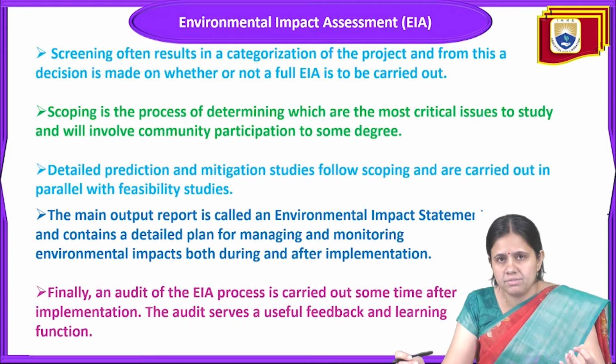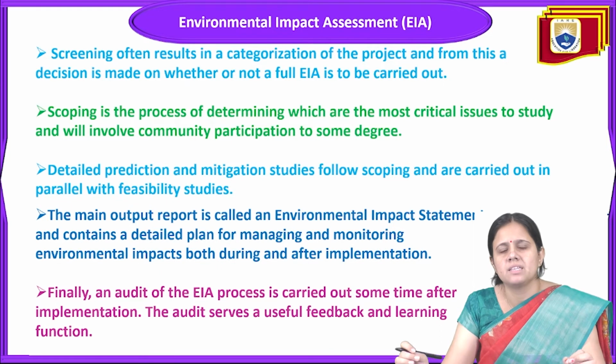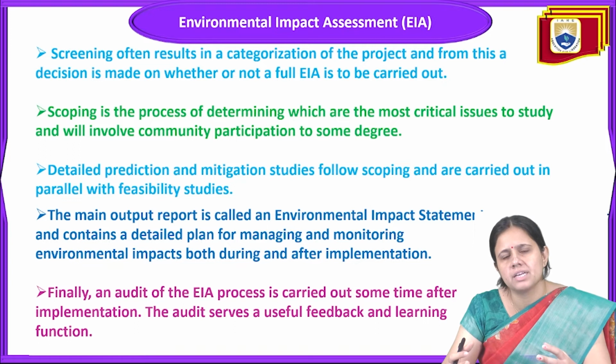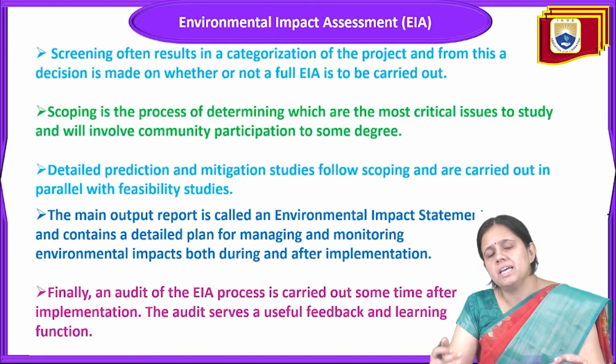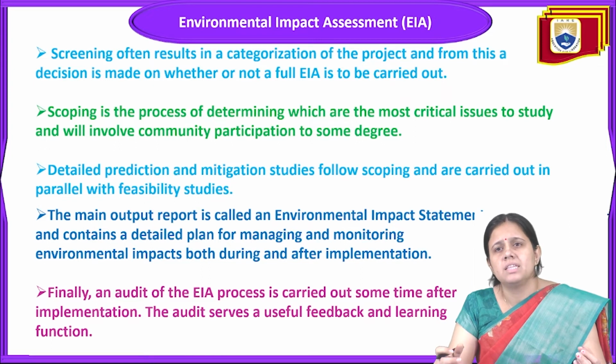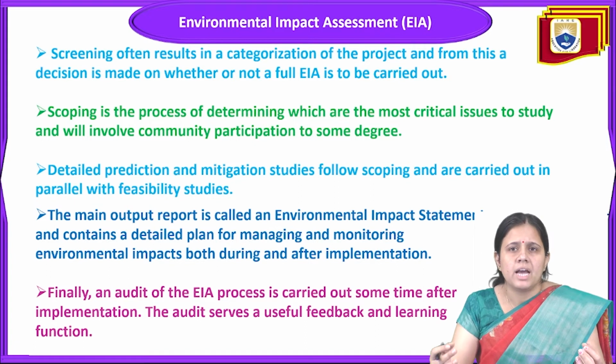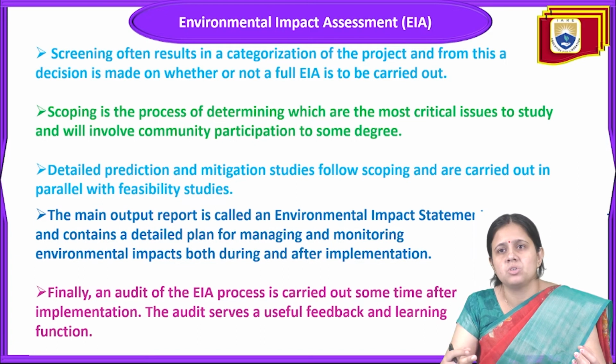After that, if the screening gives the information that there is some harm to the environment due to this project, then they will start the second step, that is scoping. In this process, they will determine which is the most critical issue to study, which thing we should study, and will involve community participation to some degree.